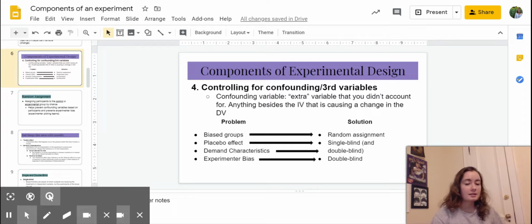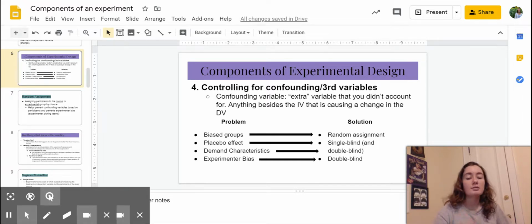So you can use a single and double blind study to control and help prevent multiple different types of confounding variables. You can use a single and double blind to prevent the placebo effect, because in a single blind, it's the participants who don't know whether they're in the experimental or control group. And then in the double blind, it's also the participants who don't know if they're in the experimental or control group, but also the researcher now doesn't know as well.